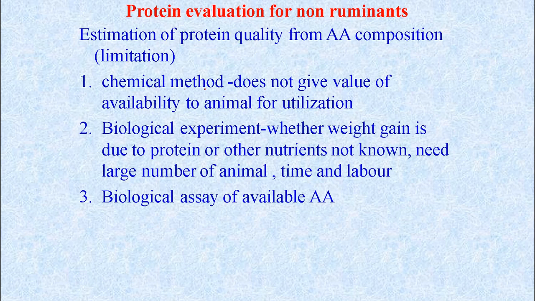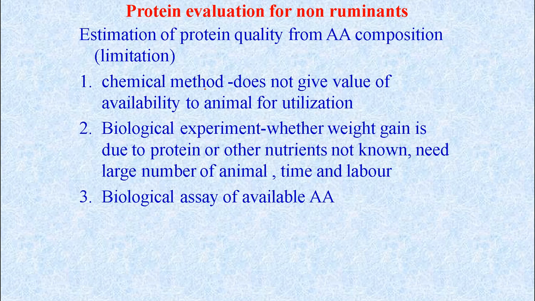So the protein evaluation for non-ruminants means the monogastric animals like pigs and also horses. So they are all non-ruminants. Then estimation of quality from amino acid composition is, of course, limited. It's a tough process also. Another method is the chemical method, which does not give the value of availability to the animal for utilization.